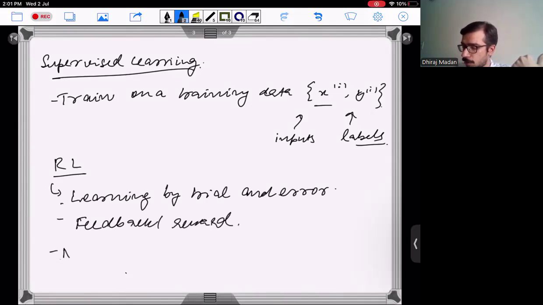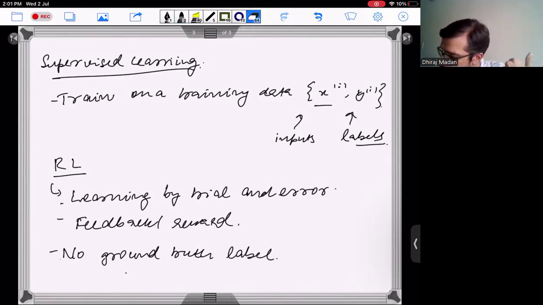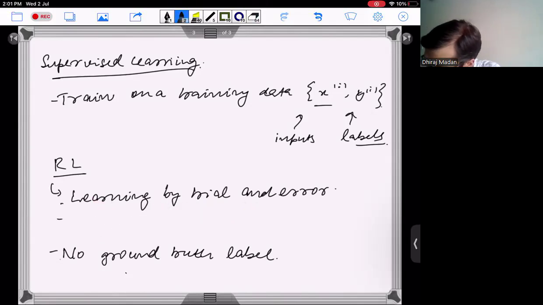However, there is no ground truth label. We learn from feedback or reward, but without an explicit ground truth label.